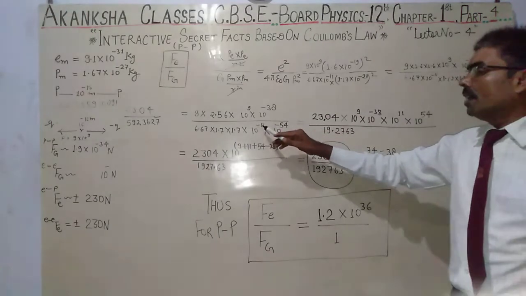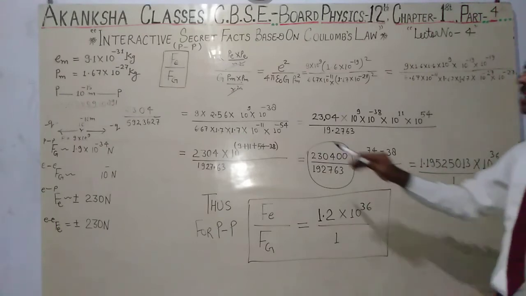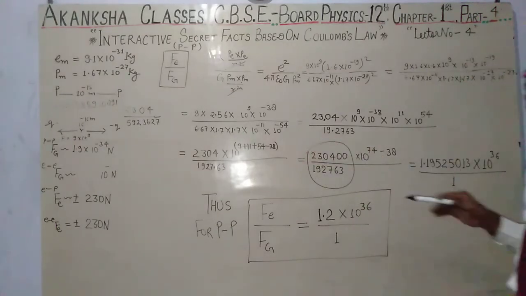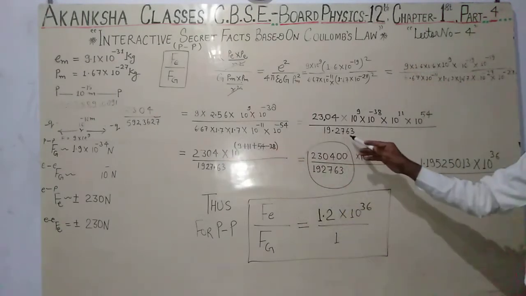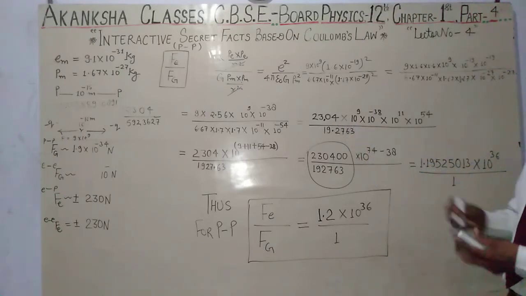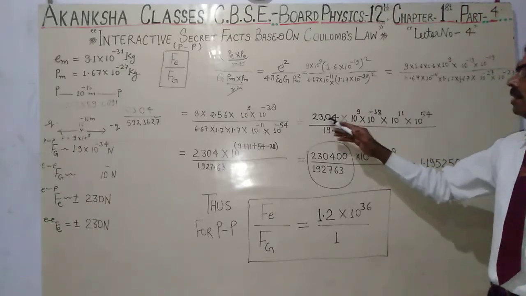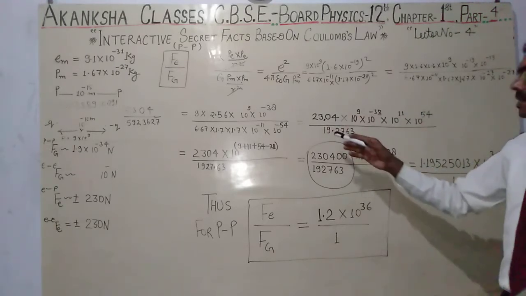That is the reciprocal of 10 power minus 11 into 10 power 54. That is the reciprocal of 10 power minus 54, upon the product of all the three numbers, which becomes 19.2763. If we want to remove two decimal places on our right-hand side, we can do the same process downward.